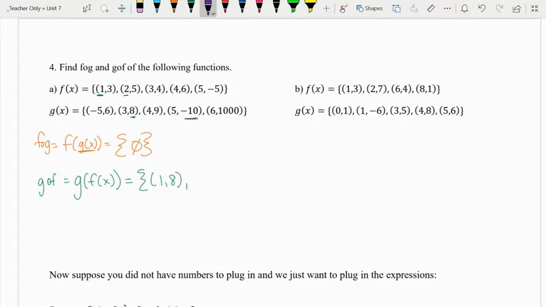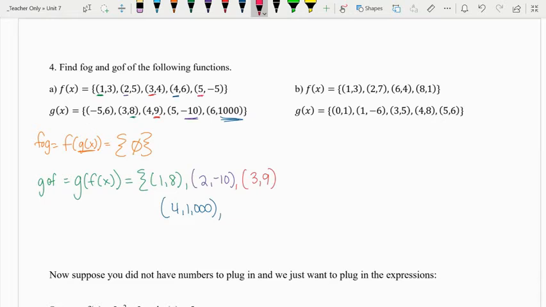Well, 5 gave me negative 10. So 2, negative 10. Then we have a 3. 3 gives me 4. 4 gives me 9 in g of x. So that point is 3, 9. Then we have 4. 4 gives 6, and 6 gives 1,000. So we have the point 4, 1,000.